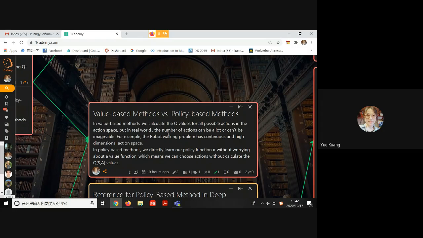But in the real world, the number of actions can be very large or unimaginable. For example, the robot walking problem has a continuous and high-dimensional action space. So in policy-based methods, we directly learn our policy function pi without worrying about the value function, which means we can choose actions without calculating the Q values.